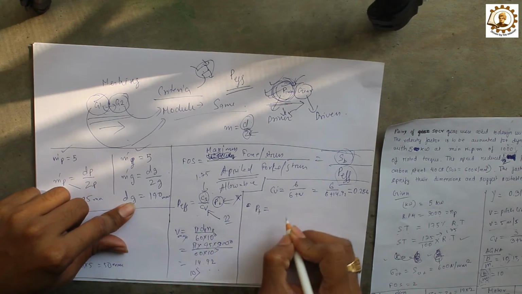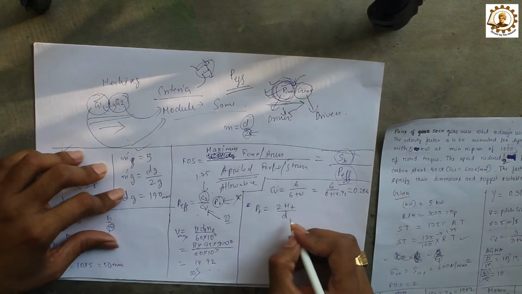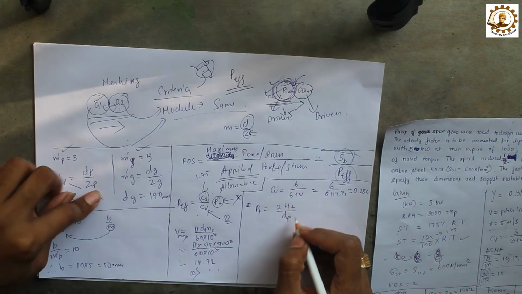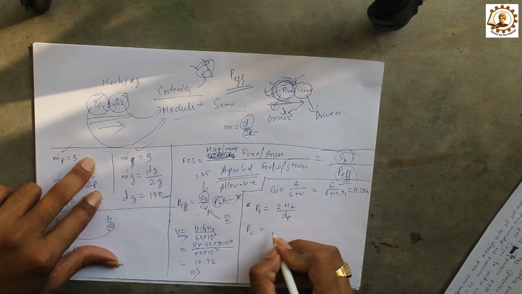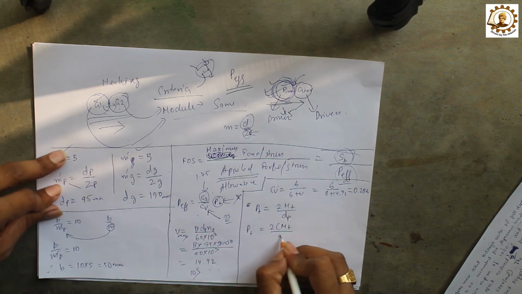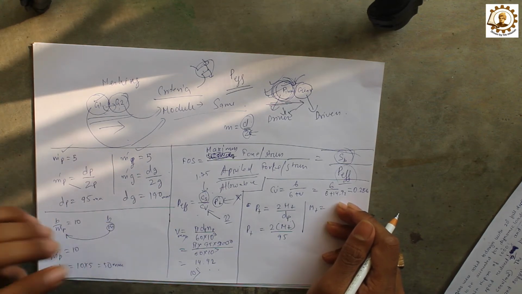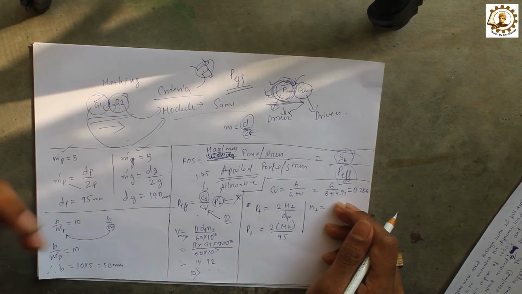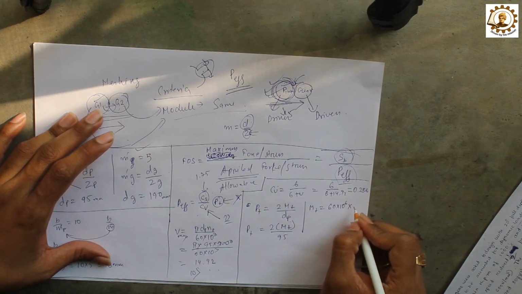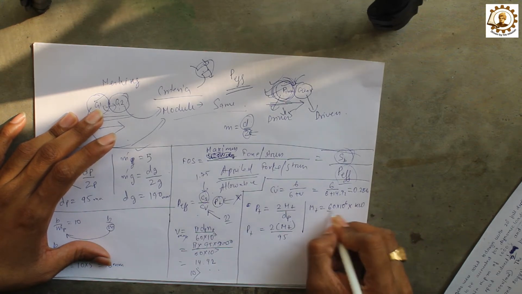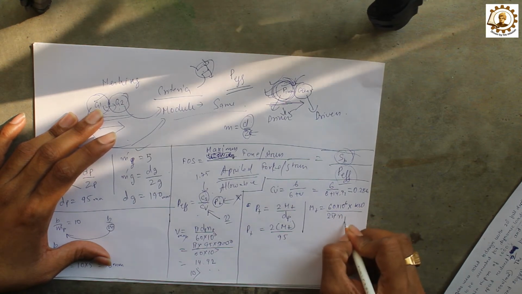I know PT is equal to 2Mt by D, as I have studied in our previous class. Now in terms of pinion, it will be dP. So PT is equal to 2Mt by 95. Now what is Mt? Torque. Did I calculate the torque anywhere? No, I have not calculated. I'll use the simplest formula, 60 into 10 to the power 6 into kilowatt by 2 pi NP.